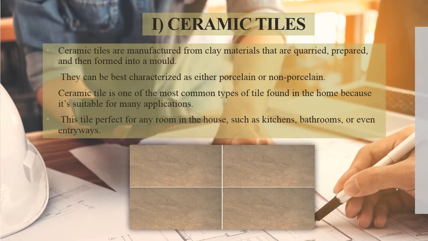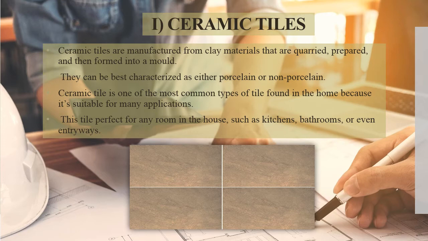One of the types of tile is ceramic tiles. What are ceramic tiles? Ceramic tiles are manufactured from clay material that is quarried, prepared, and then formed into a mold. They can be best characterized as either porcelain or non-porcelain.